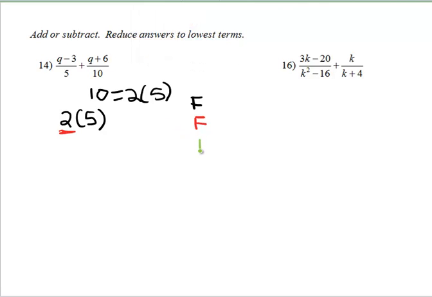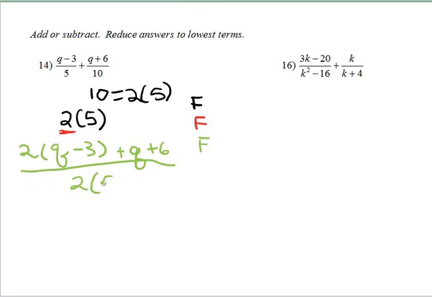And now I have to fix. So I'm going to say 2 times (q minus 3) plus, didn't have to do anything to this piece, so q plus 6. And all of that is over 2 times 5. Okay, now I just need to keep going.